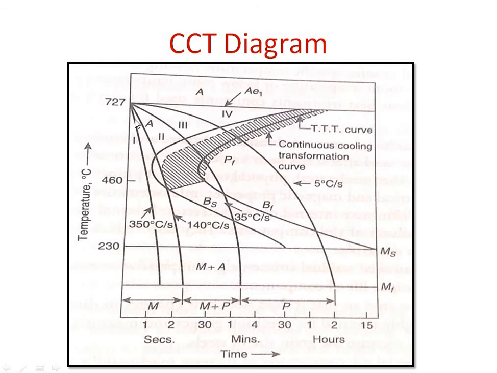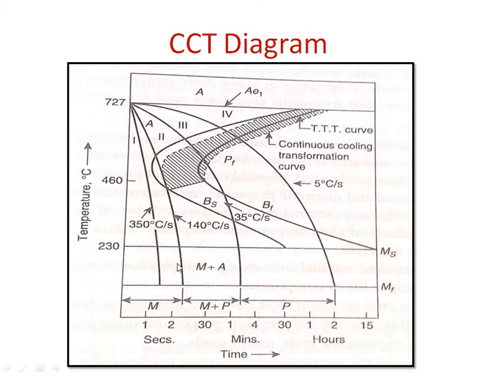The second cooling rate is 140 degrees Celsius per second. It also results in formation of martensite. It just touches the nose of the CCT diagram and is called the critical cooling rate. The critical cooling rate is a rate which just bypasses the nose of the isothermal transformation diagram.